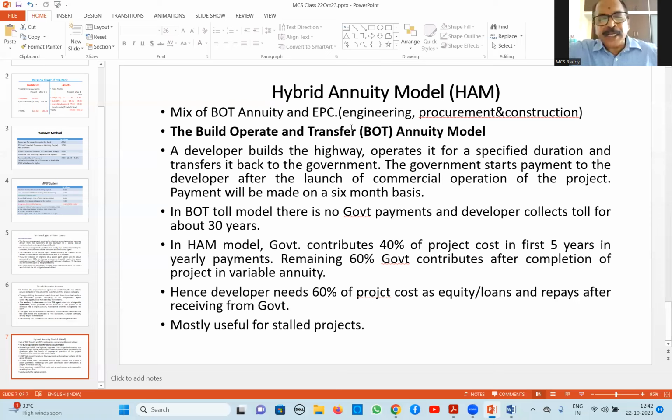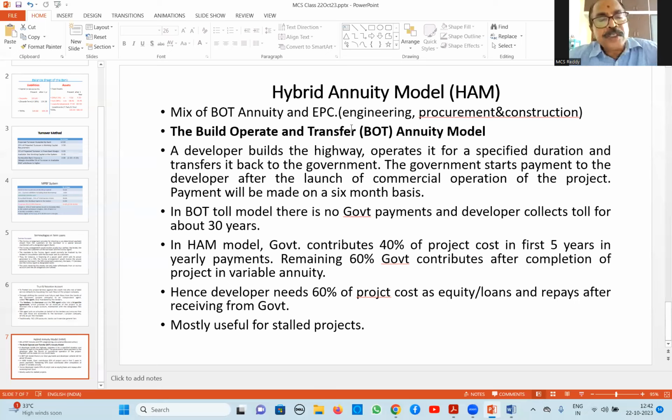Earlier I told you, our borrower is in Hyderabad, we have sanctioned loans, and he is constructing a road in Punjab or Haryana. Here the National Highways Authority will give a contract to our customer. Our customer will build the road and operate it for 30 years, then transfer it to the government.